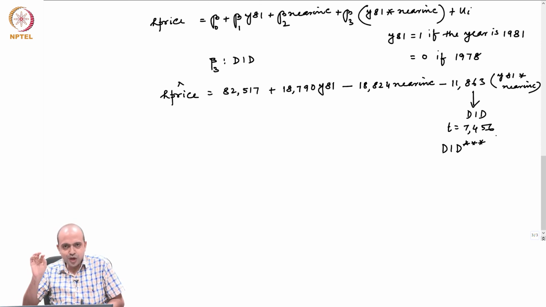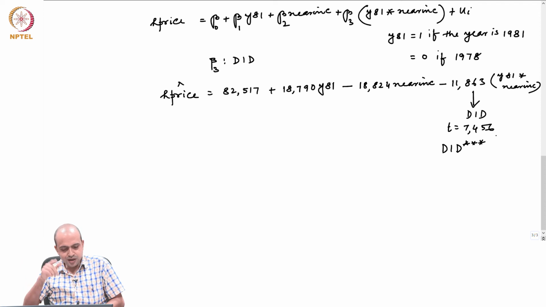So, I am giving you an assignment at home: try to derive this beta 3, the DID, following the framework we discussed in our previous class. You have treatment and control, you have pre and post, before and after.